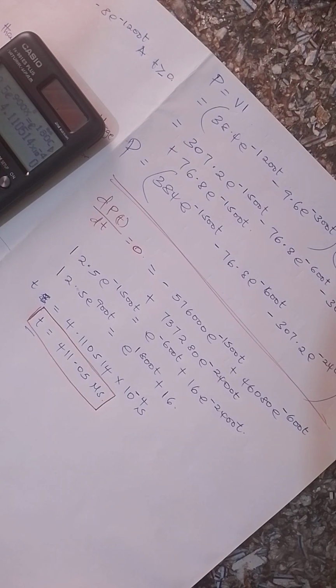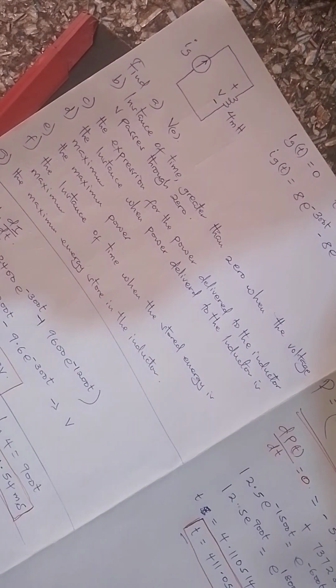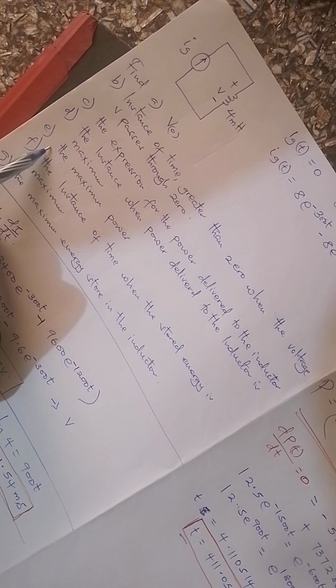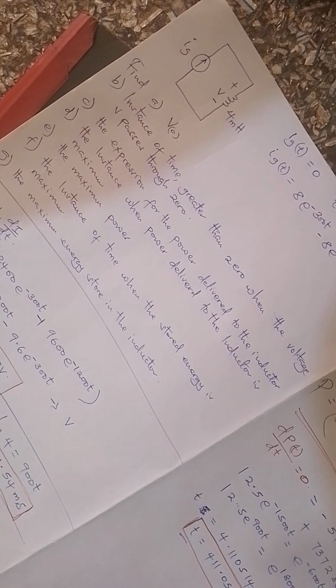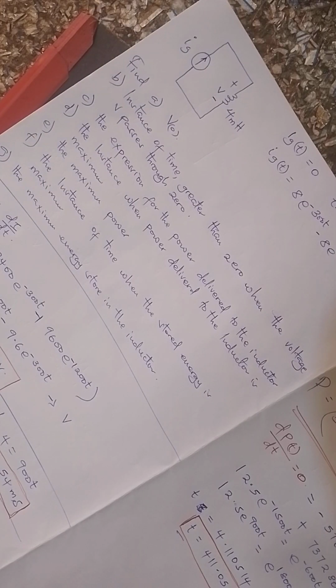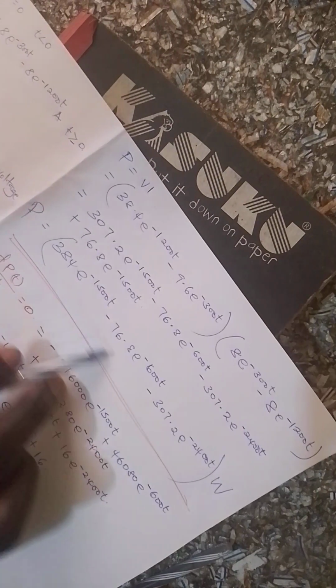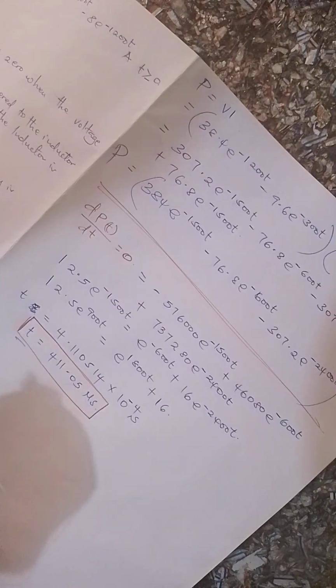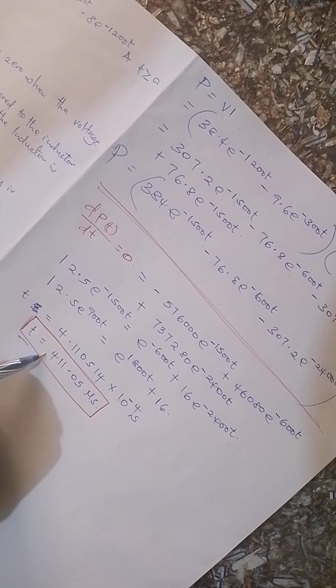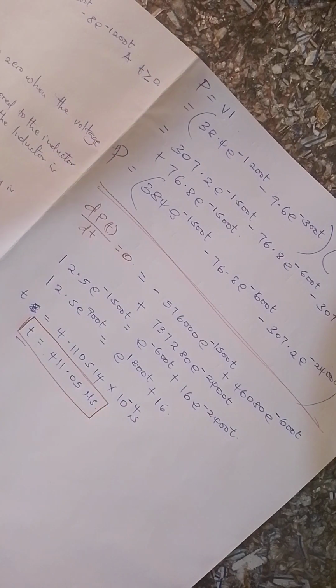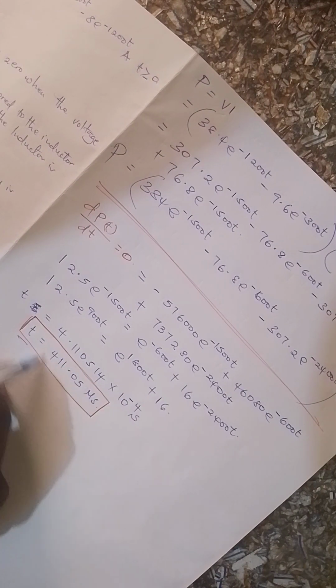Then the next one, we've been told that's equation E, the maximum power. So finding the maximum power, we had the equation of power to be this, and in each and every equation of power we will be multiplying it by this.